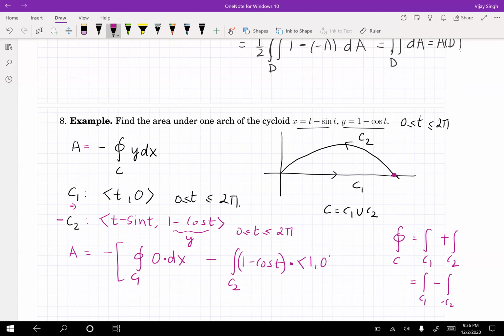My dx is going to be the derivative of this, my x here. So dx is going to be 1 minus cos t dt. And with this orientation, I have a minus to take care of.